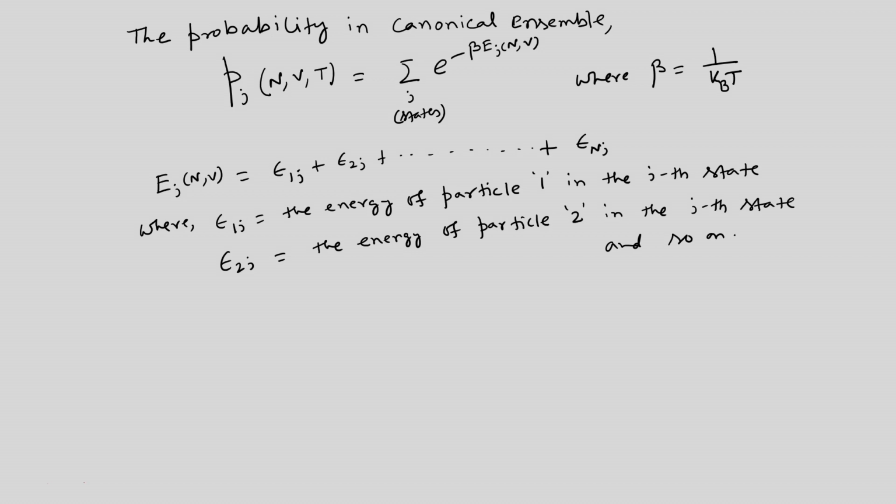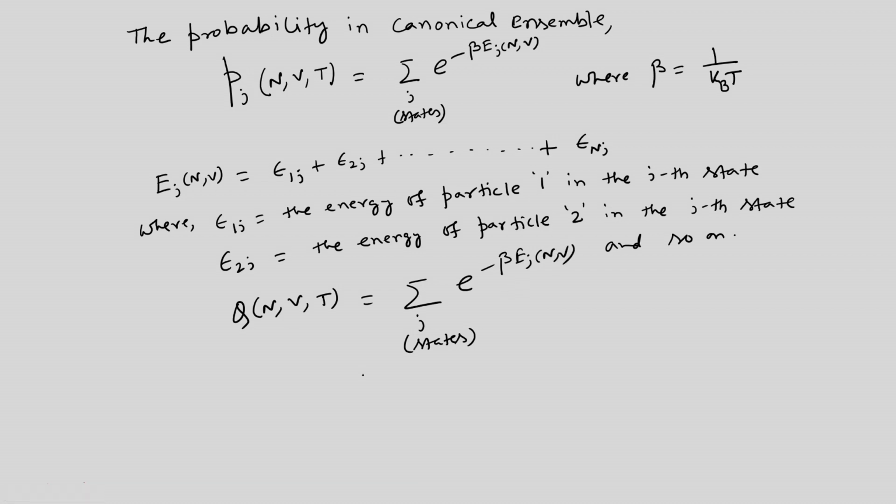Now, if we substitute the value of Ej into Pj, we get, or if we substitute directly the value of Ej into the partition function q. So, canonical partition function q, we know q is nothing but the sum over j e to the minus beta Ej.